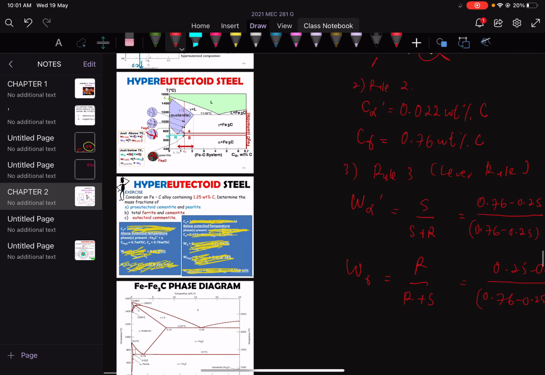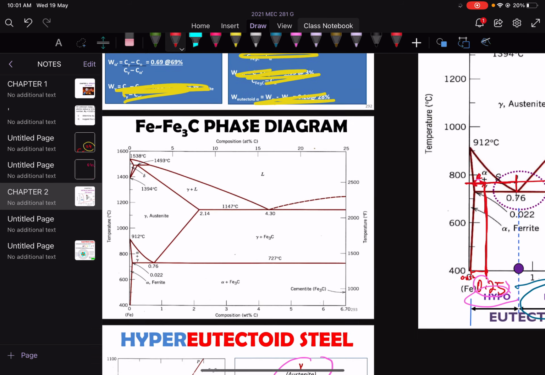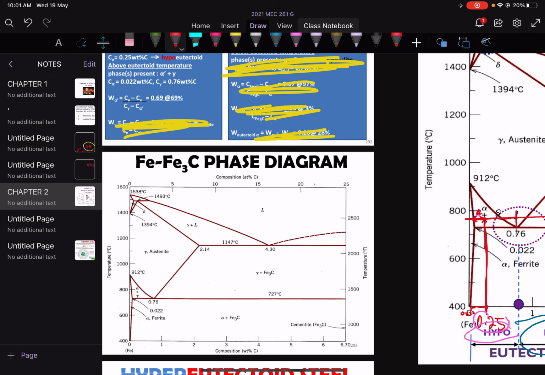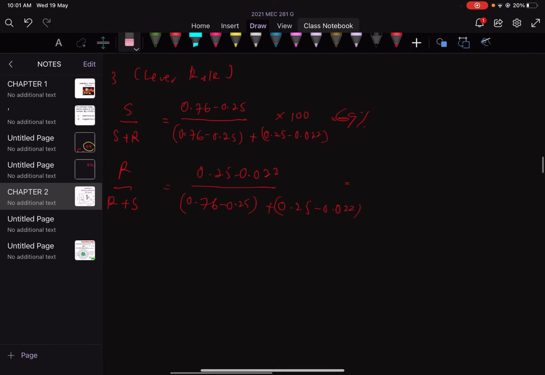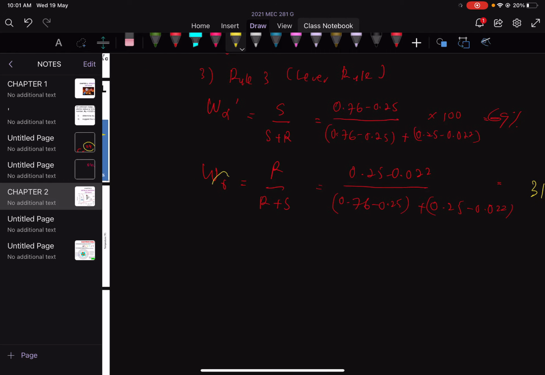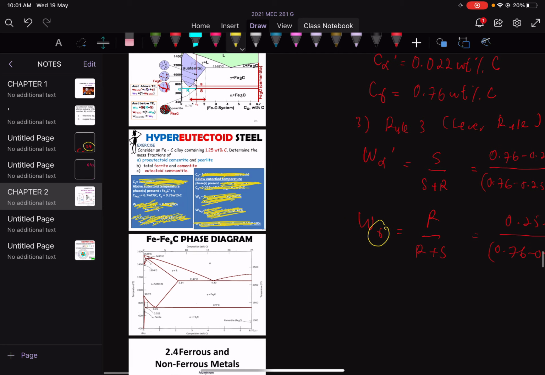So it will become 0.31, 31 weight%. Okay, so remember this 31%, which is the weight fraction of gamma, is also similar to the weight fraction of pearlite. So you are now answering question A.